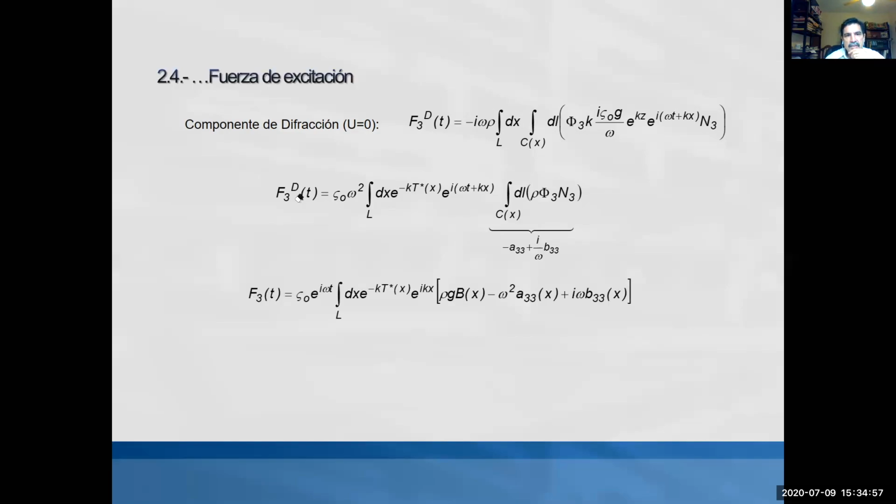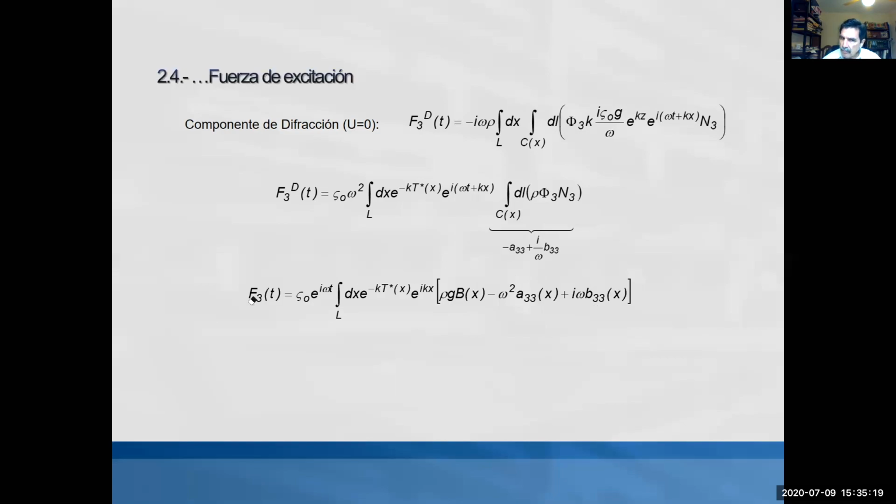So if we replace this in our previous expression, we will have this part here, which is the Froude-Krylov component, and we have all of this, which is the diffraction component, okay? So we have the whole thing here.